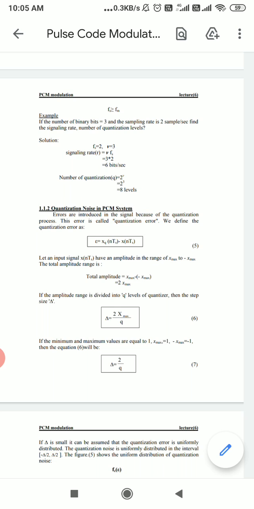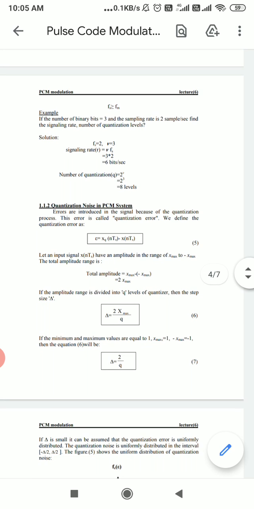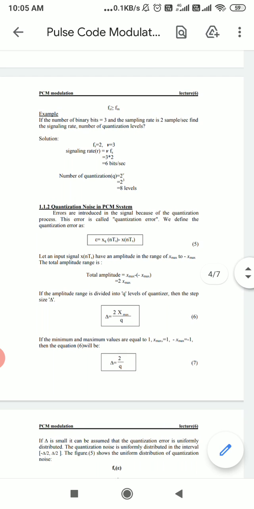Because when you talk about the minimum and maximum x max, our original signal x of t is normalized so that the minimum and maximum value are equal to 1. So you can take x max equal to 1 and minus x max equal to minus 1.